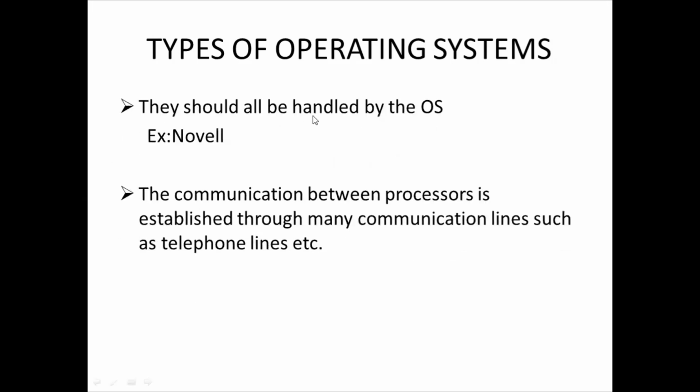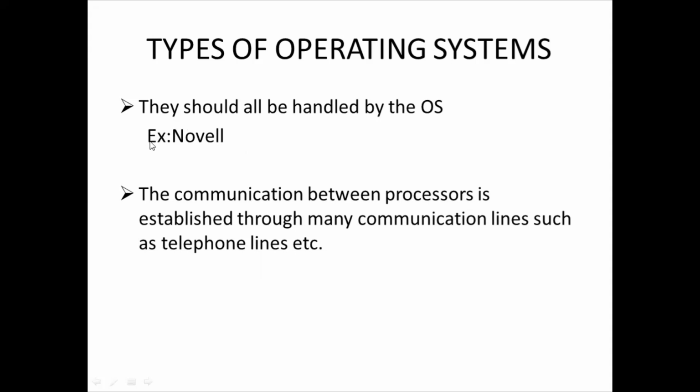Everything is handled by the operating system. That is the reason the user will not know how many CPUs are there and where the data is. They will think their work is being executed on one particular CPU only.